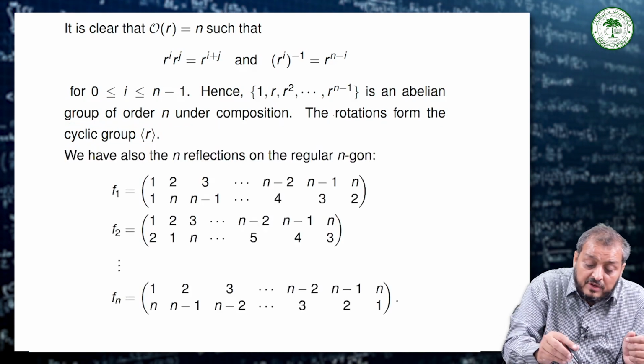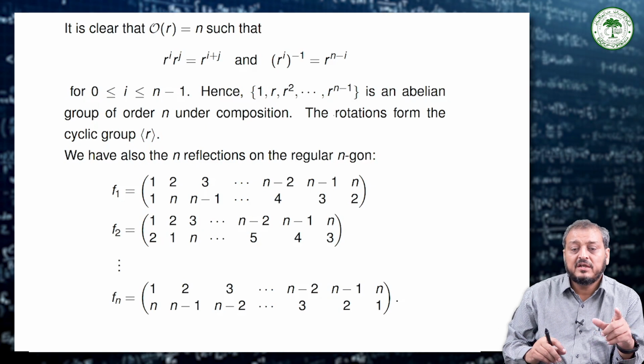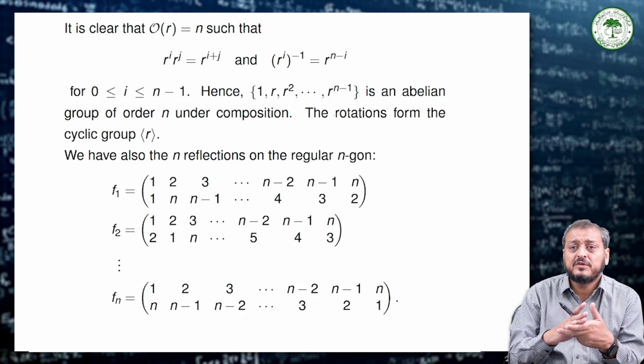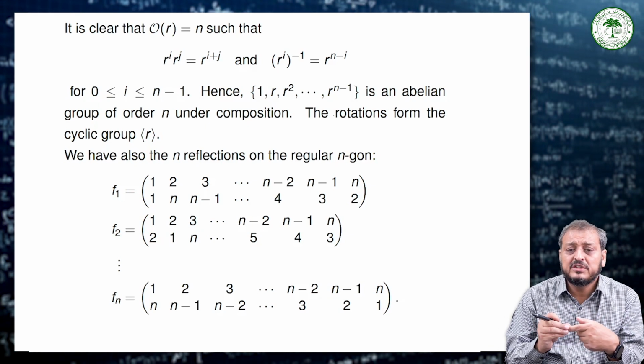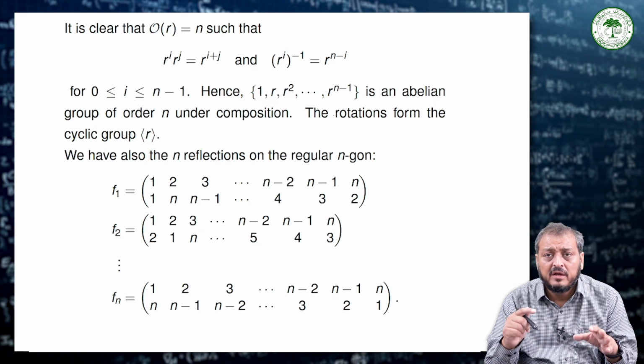We also have n reflections, because there are two types of things we have: rotations and reflections.